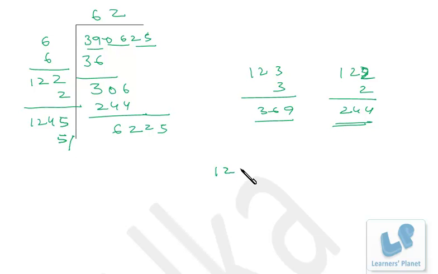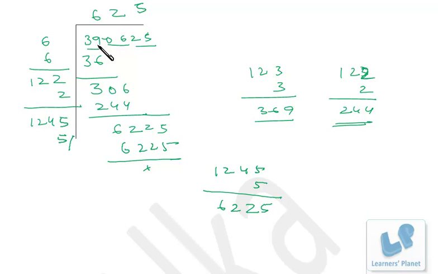So 1 2 4 5 into 5, let's see what happens. 5 5s are 25, 5 4s are 20 and 2 22, 5 2s are 10 and 2 12, 5 and 1 6. So 1 2 4 5 into 5 is 6 2 2 5, right? So this number is actually square of 625, or we can say square root of 390625 is 625. So the method is very easy, friends.